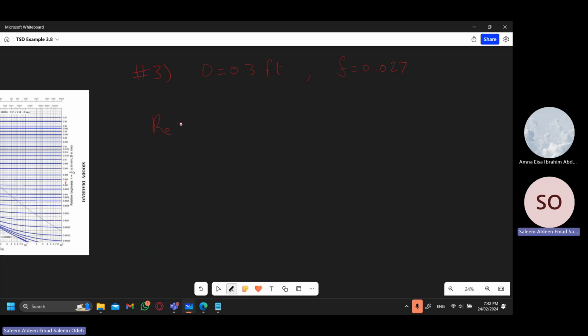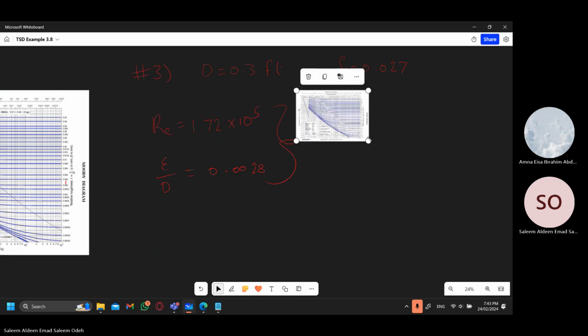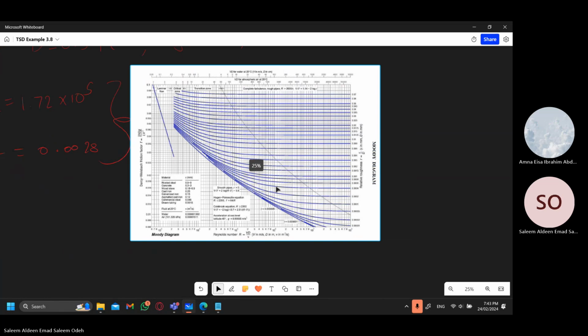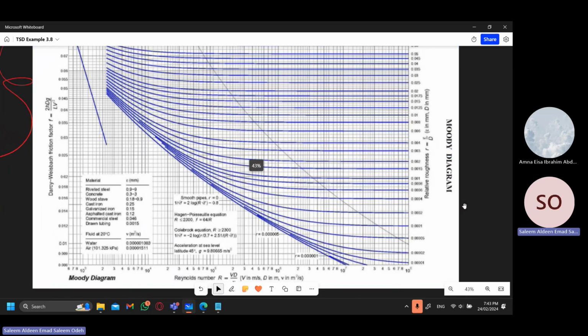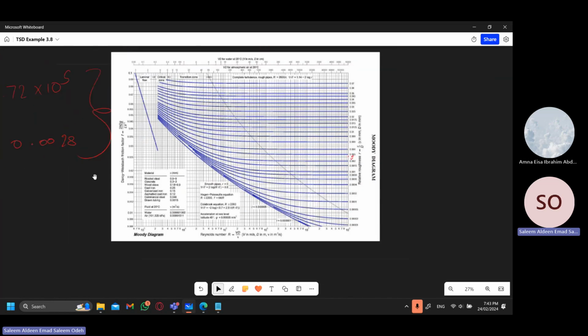This diameter plugged into the Reynolds number gives us 1.72 and a ratio of 0.0028. It is also between these two. So we'll say it's around here. And 1.72 times 10 to the power of 5.